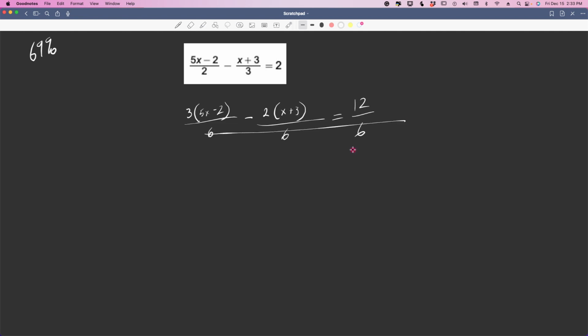So that means we can eliminate that denominator, and we have 15x minus 6 minus 2x minus 6 is equal to 12.